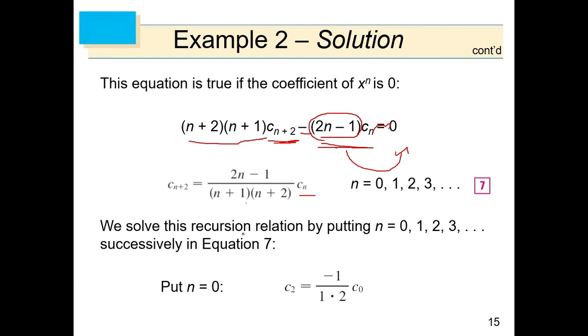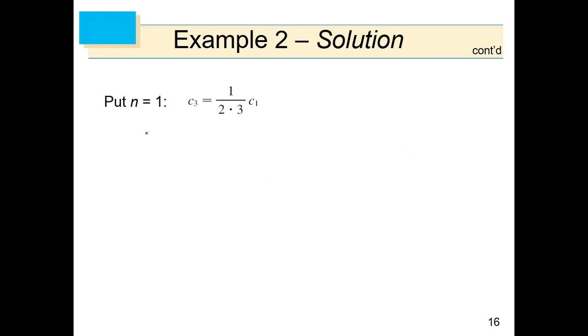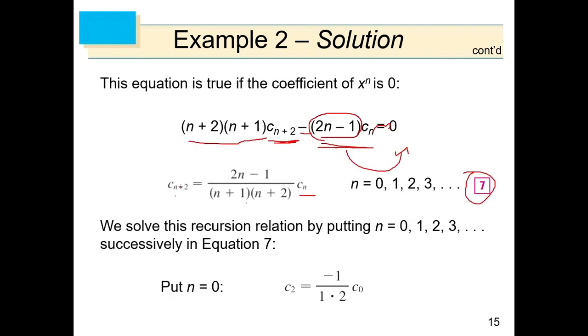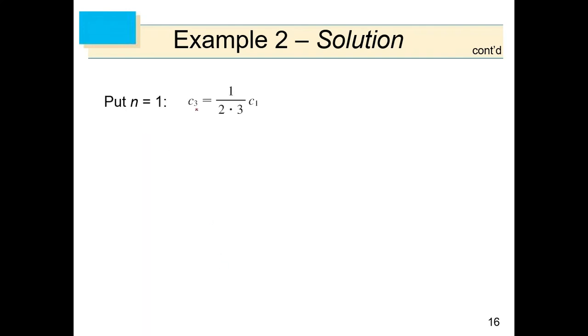We solve this recurrence relation by putting n equal to 0, 1 to infinity successively in equation number 7. Put n equal to 0, we get C2 is equal to minus 1 upon 1 into 2 into C0. Put n equal to 1, we get C3 is equal to 1 upon 2 into 3 into C1.